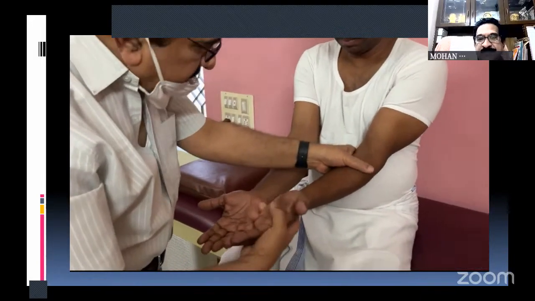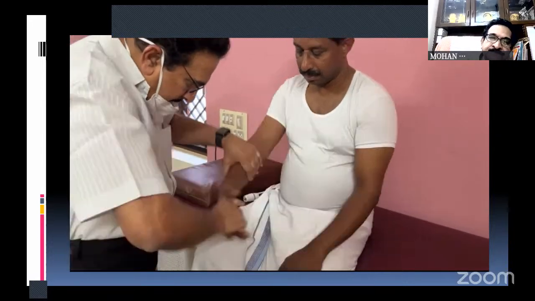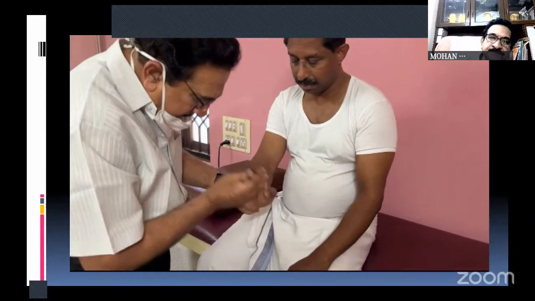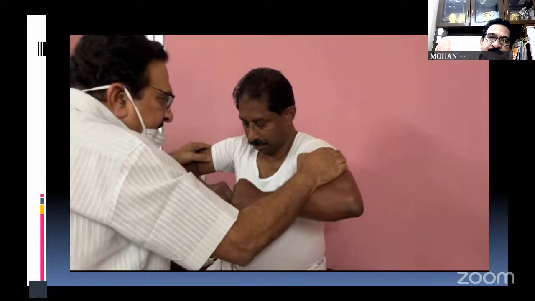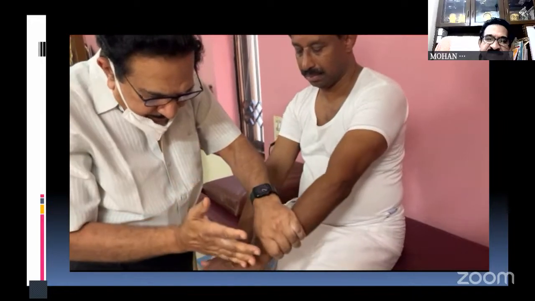there was no wasting of any muscles that I could make out. Tone was normal. Deltoid power was normal. Biceps normal. Triceps apparently normal. Wrist extension normal.